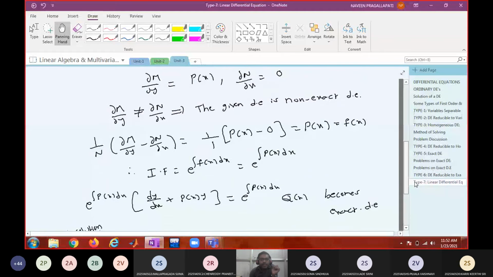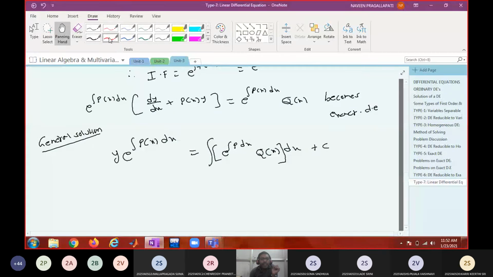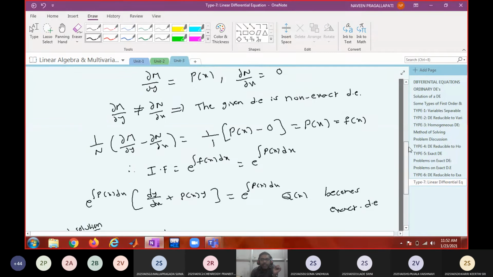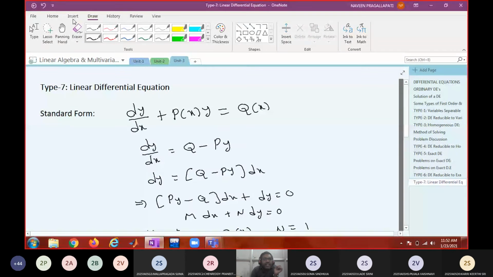Is that okay? Now, sometimes our differential equation may not be linear in y, it may be linear in x. I think I gave you the definition of a linear differential equation at the start of the discussion. What are the two conditions for a linear differential equation? Can you recall? The degree of the dependent variable and its derivative must be 1.